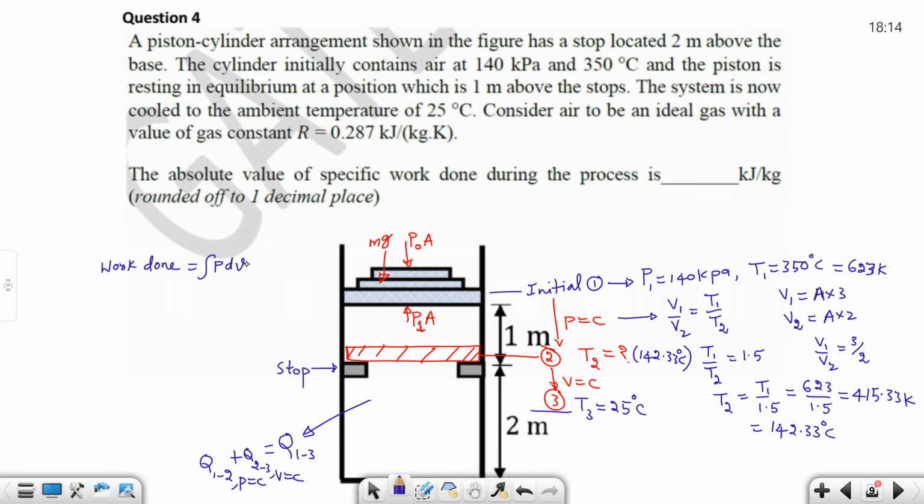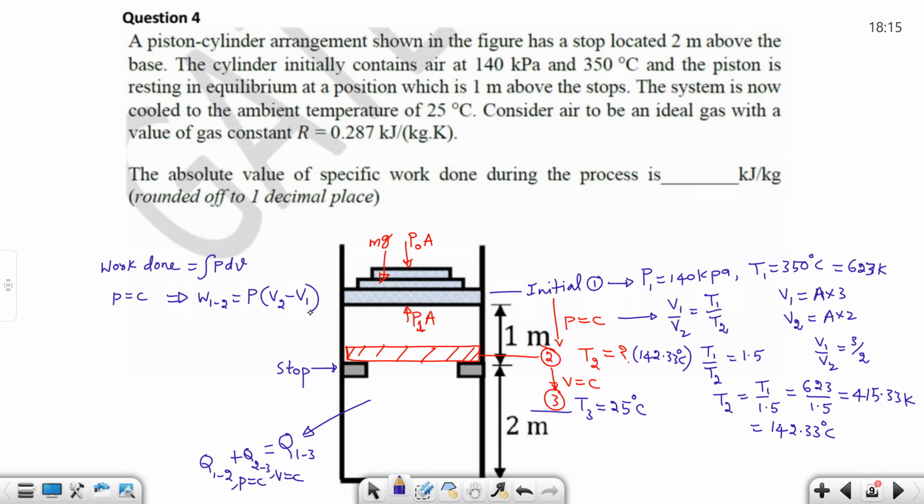So for the pressure constant process, the work done, which is 1 to 2, is equal to the pressure is constant, so P times V2 minus V1.